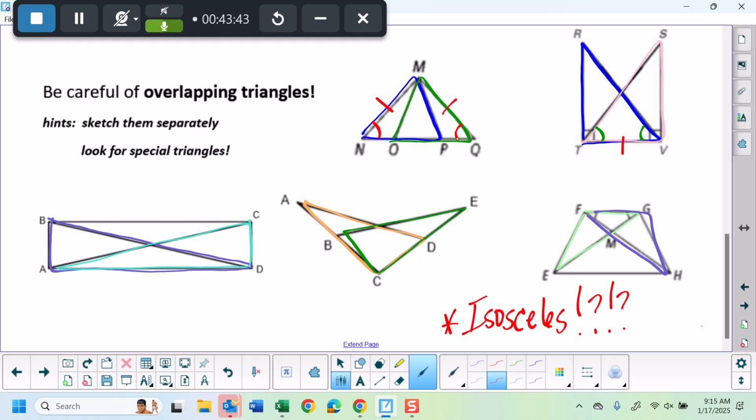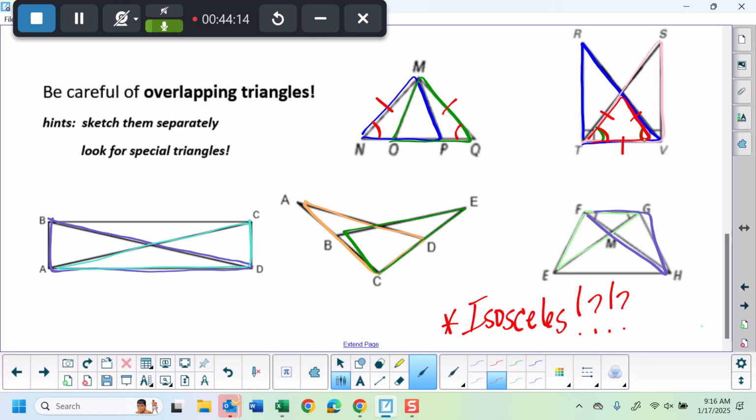Do you see that this little baby isosceles triangle is living inside of those two overlapping right triangles? So if somebody told you that that little triangle was isosceles, it gives you a second angle. Do you see the angle that it gives you? This angle here of that triangle.